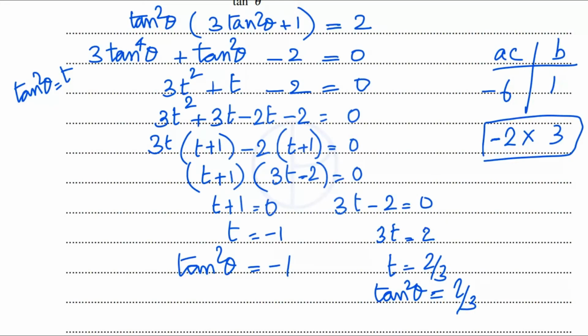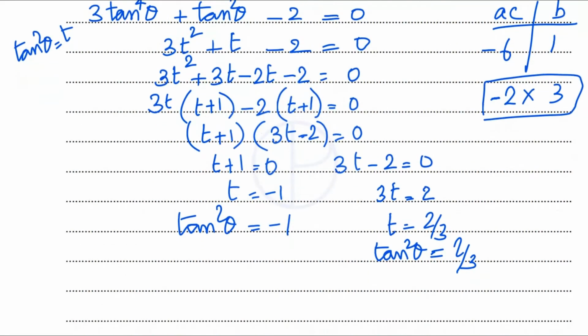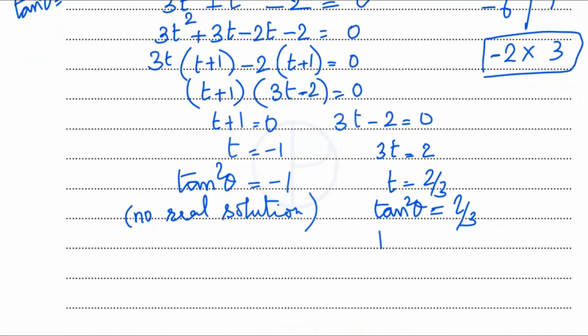So what is tan theta? Tan theta is equal to square root of negative 1. It will not give a real solution. No real solution, so we will ignore this. Then here tan theta equal to plus or minus square root of 2 over 3.